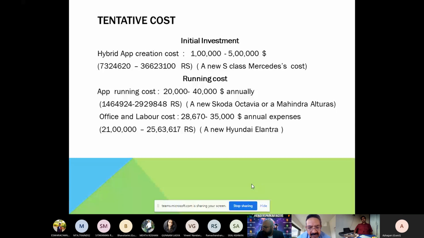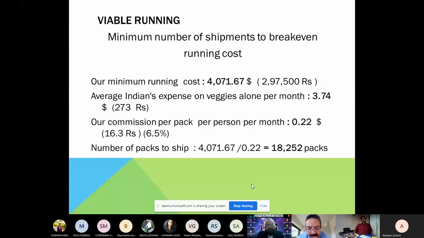Okay. Then the other chart where you had this 4,000 and odd number where you were dividing by 0.22. Yeah, that's the one where I wanted to understand what exactly you are doing here. Okay, so what we have projected here is our minimum running cost per month.